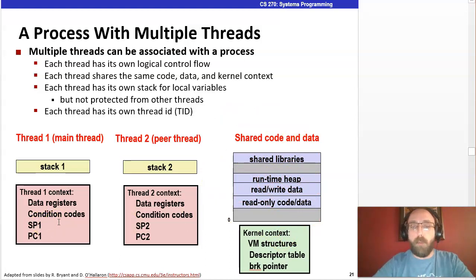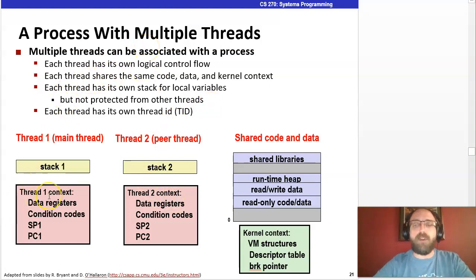They might not be running the same code. They probably won't be. One thread might be handling one function, one thread might be handling another function, but each of these threads is sharing all of the functions there. They might not be calling them at the same time, but they can call them at different times or at the same time if they want. So each thread has its own logical control flow.